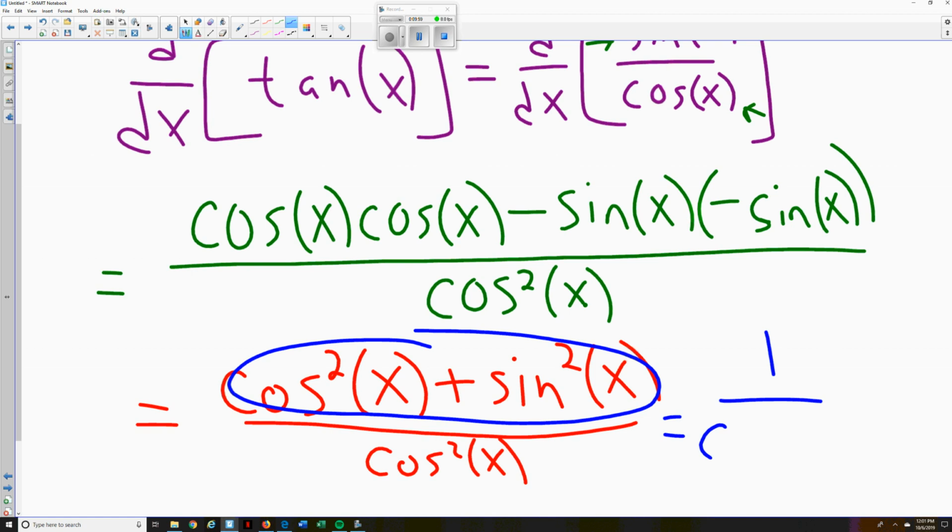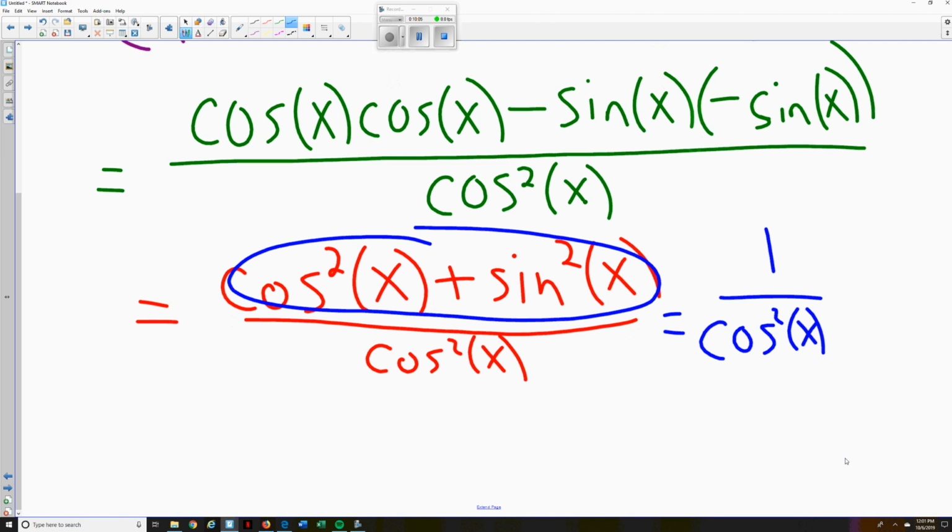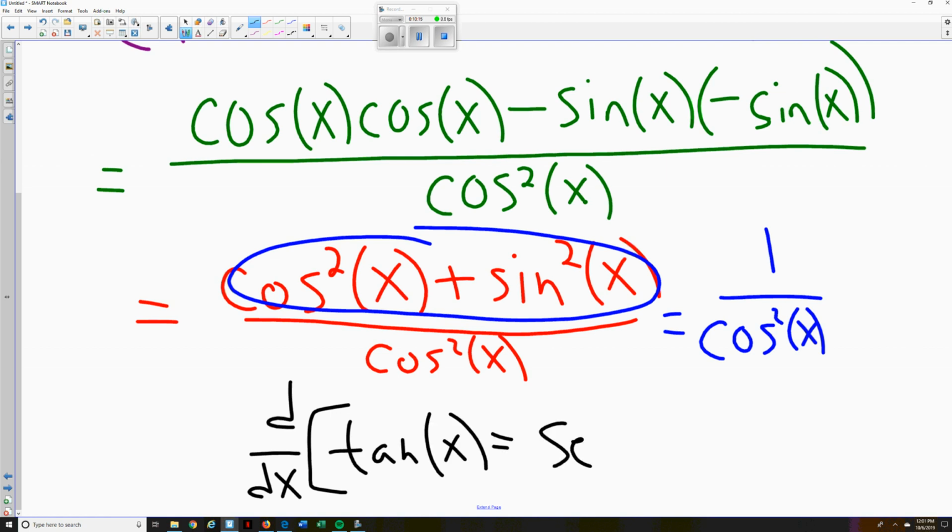So we have 1 over cosine squared of x. And we now have that the derivative of the tangent equals secant squared of x, because 1 divided by cosine squared is secant squared of x.